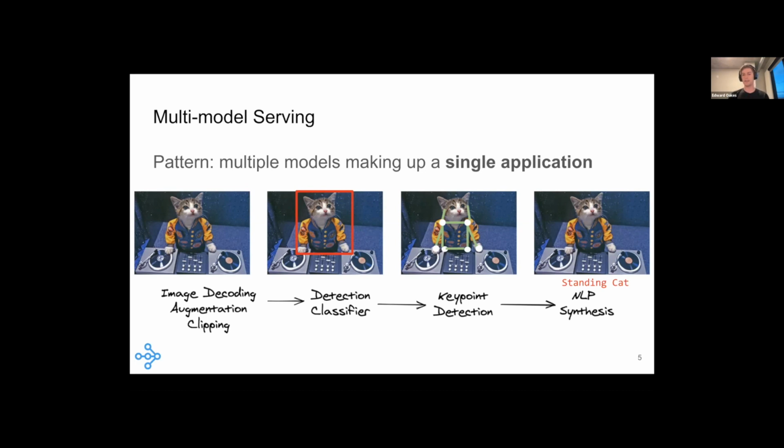And then finally, if we want to synthesize a description, we need to use some kind of NLP model. So this is much more complex than just having a single trained machine learning model. And also note that all of these models may have different resource requirements. The pre-processing step might be pretty lightweight and run on CPUs, while the NLP model might be a heavyweight deep learning model. And we want to be able to run this efficiently and scale it up to many requests.